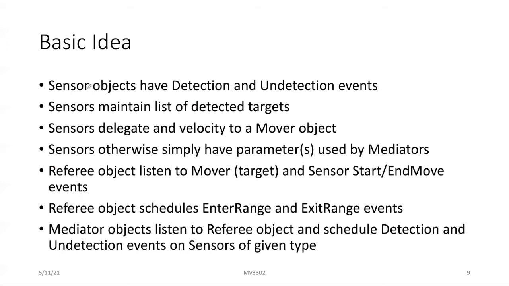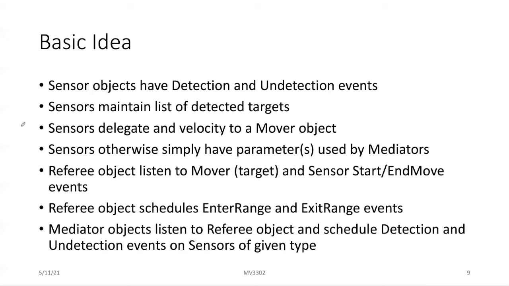So the basic idea is that the sensor objects have detection and undetection events. The sensors maintain a set of detected targets. Whenever there's a detection, you'll add the target. Whenever there's an undetection, you'll remove the target. Now, because we've talked about how sensors move, we have a choice here.